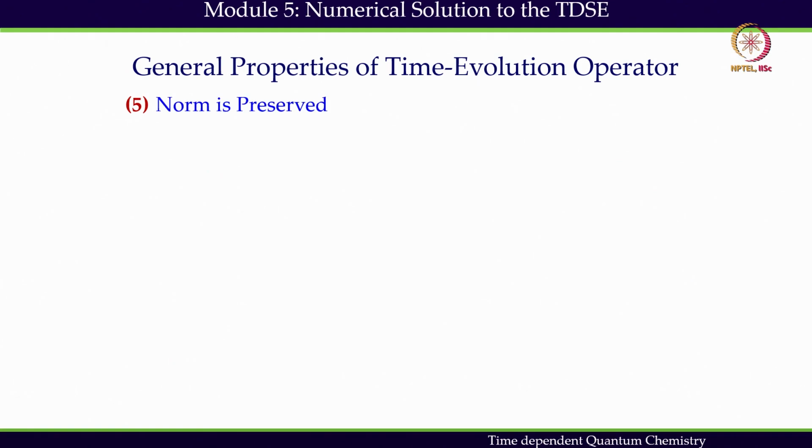We have been saying on many occasions in this course that to explore quantum dynamics, we need to have a wave function which is normalized initially, and it will remain normalized over all the time when we are exploring the quantum dynamics, and that is called norm preserving.